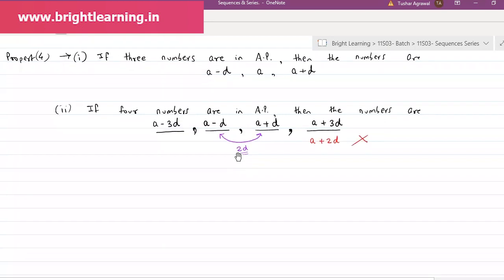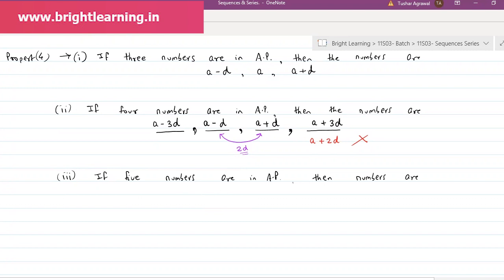For 5 terms, there is a proper pairing, and there is a proper middle term.